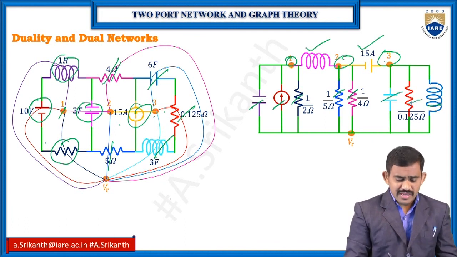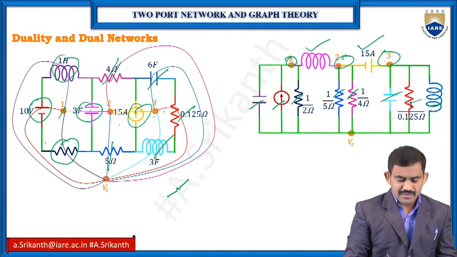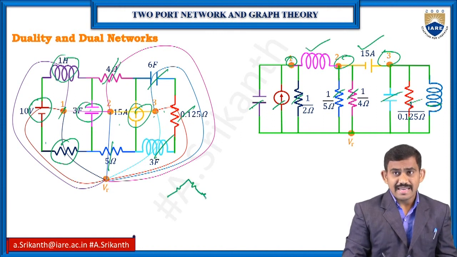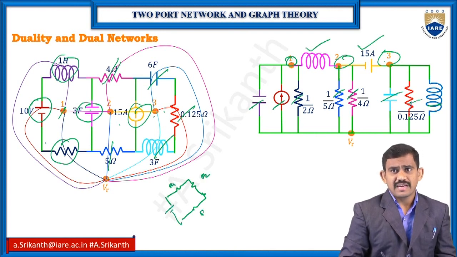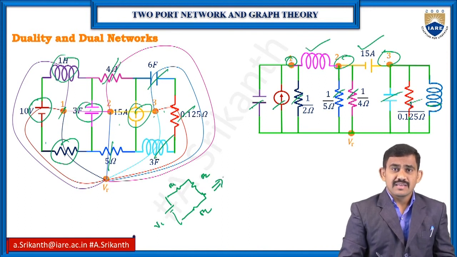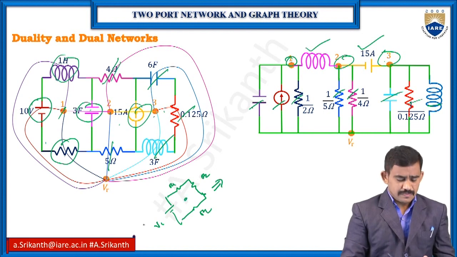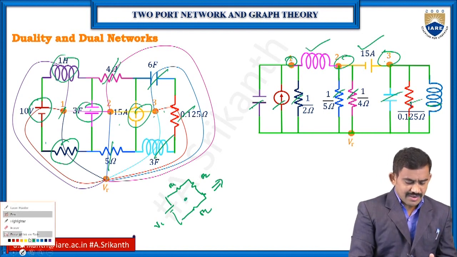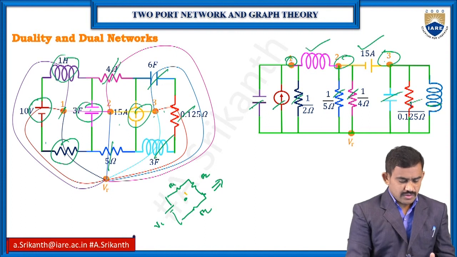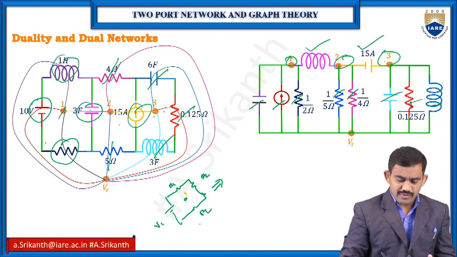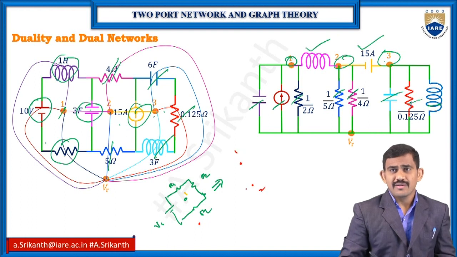So remember guys, when we have a series circuit, suppose R1, R2 and R3 and one voltage source, then replace it with the dual network, meaning only one loop. Only one loop means we have only one node and one reference node. Between node 1 and the reference node we have elements.